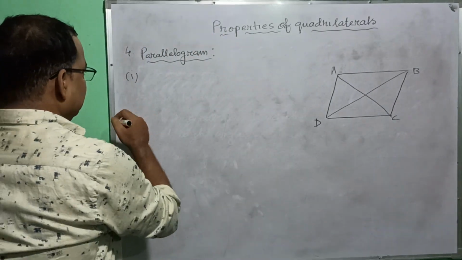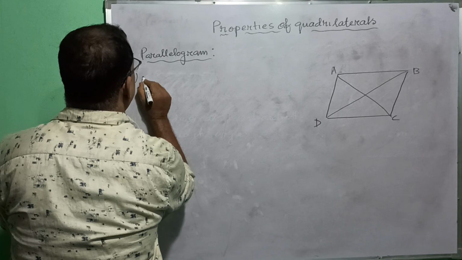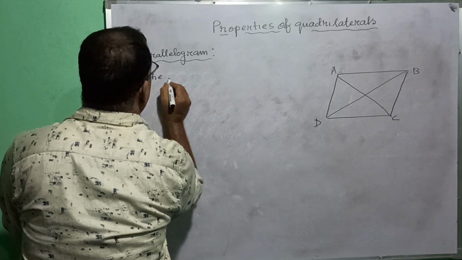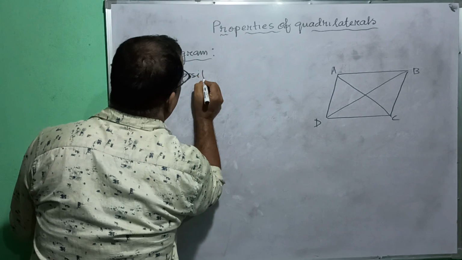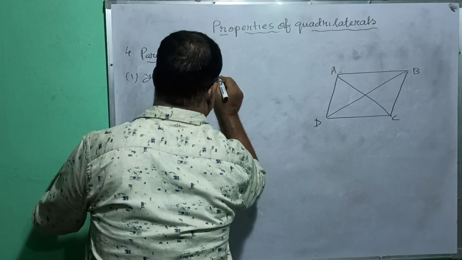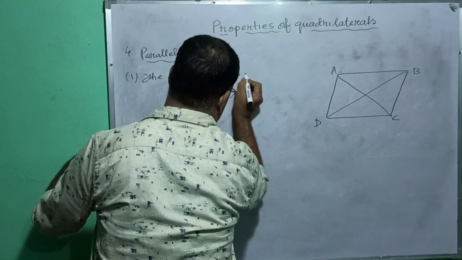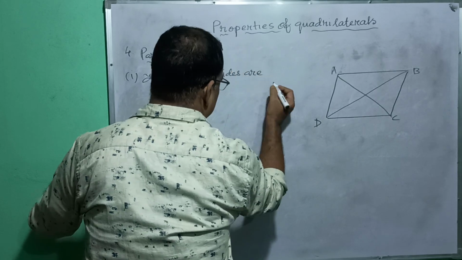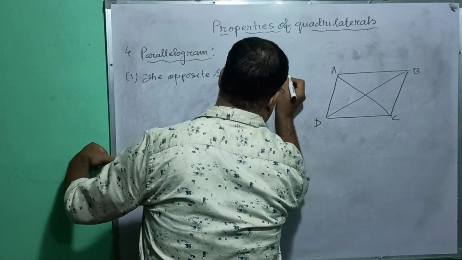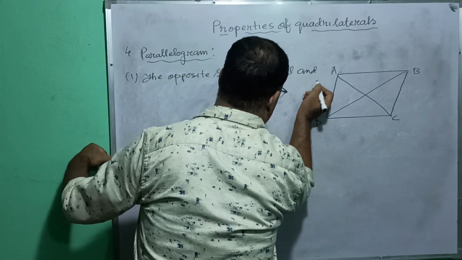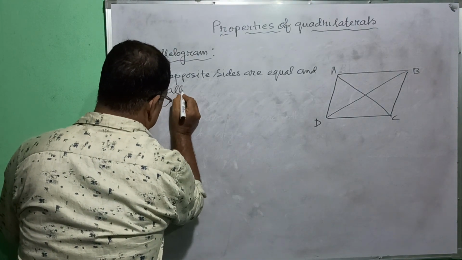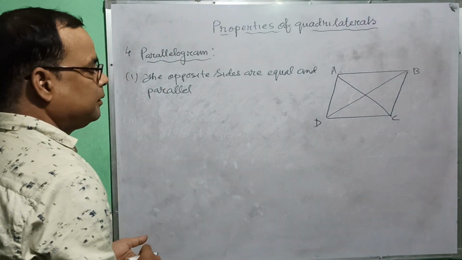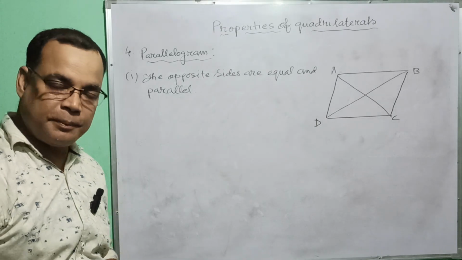In the first property we can write the opposite sides are equal and parallel. Or we can write two pairs of opposite sides are parallel.